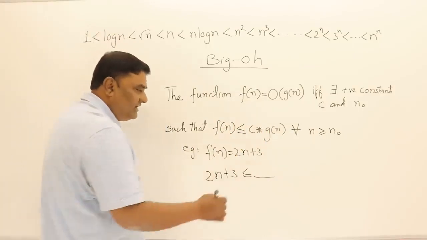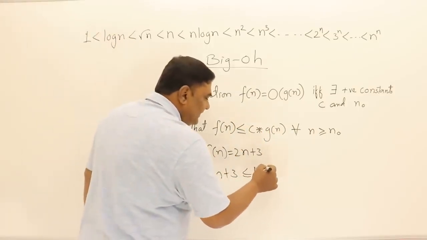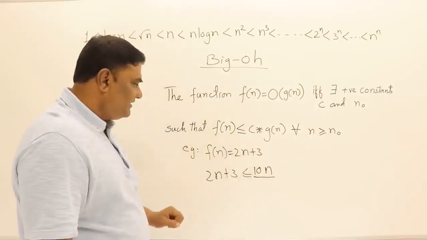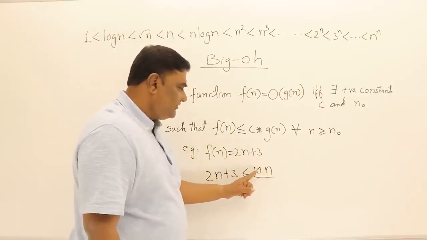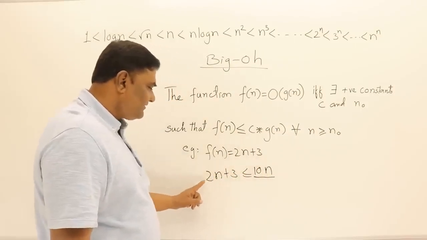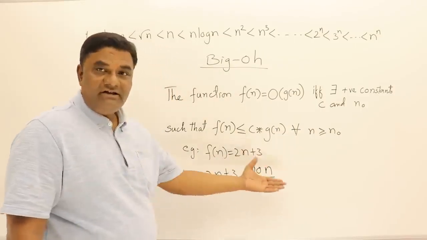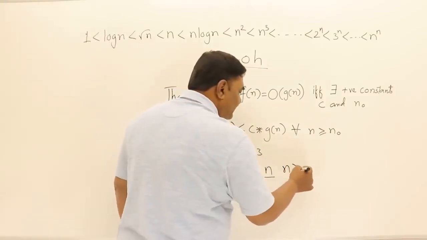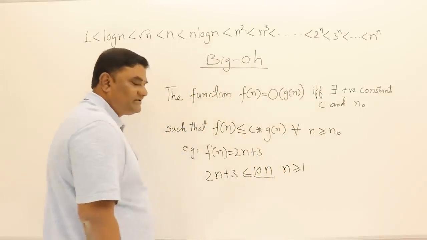So I'll write 10n. Is it greater? Yes, this is greater than this one. If I put 1 here, this is going to be 10, and if I put 1 here, this is going to be 5. So 10 is greater than 5. So this holds for all n greater than or equal to 1 onwards.